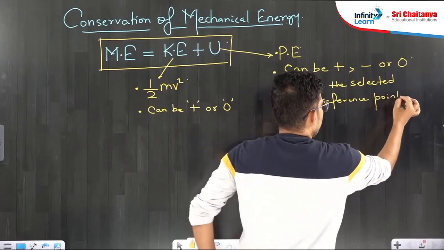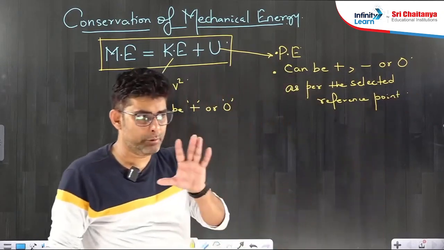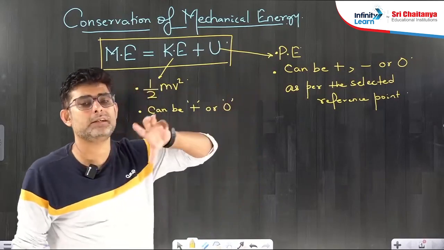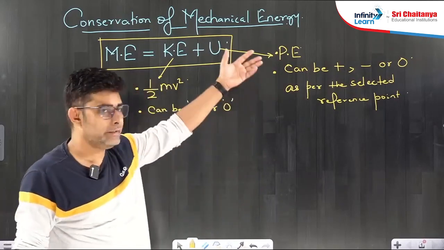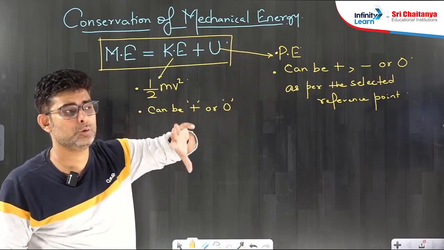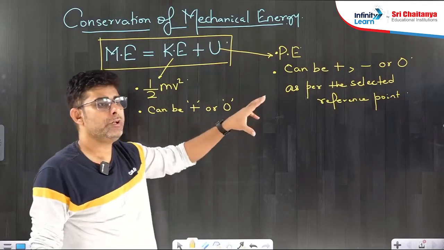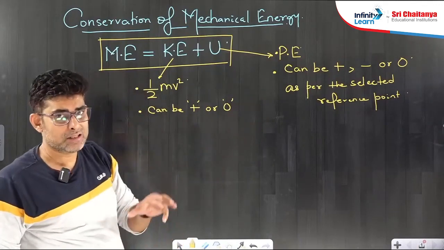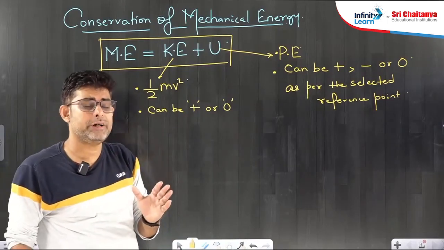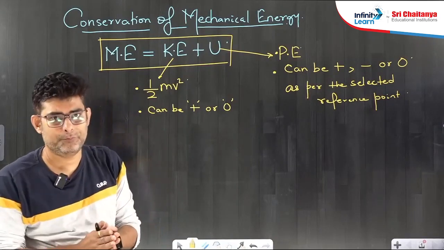Whenever we measure position, try to understand this: you have studied in class 8, 9, 10, I think, that potential energy is due to position. So whenever we find the position, we select a reference. Reference means such a point where we take its value as 0, okay.